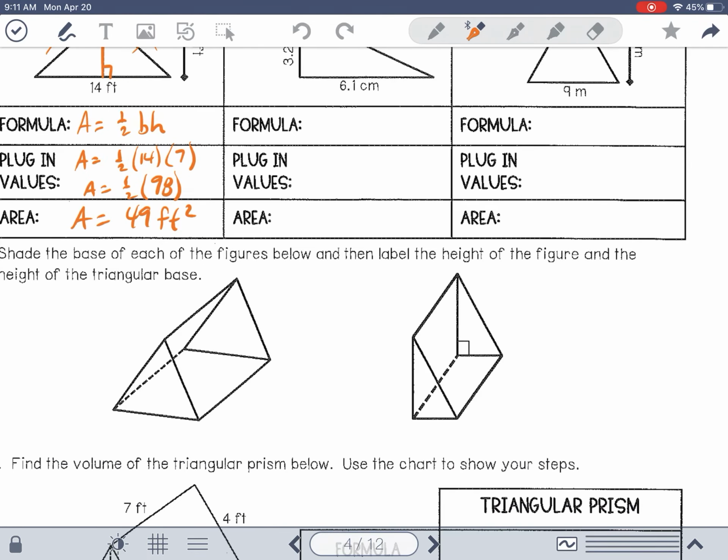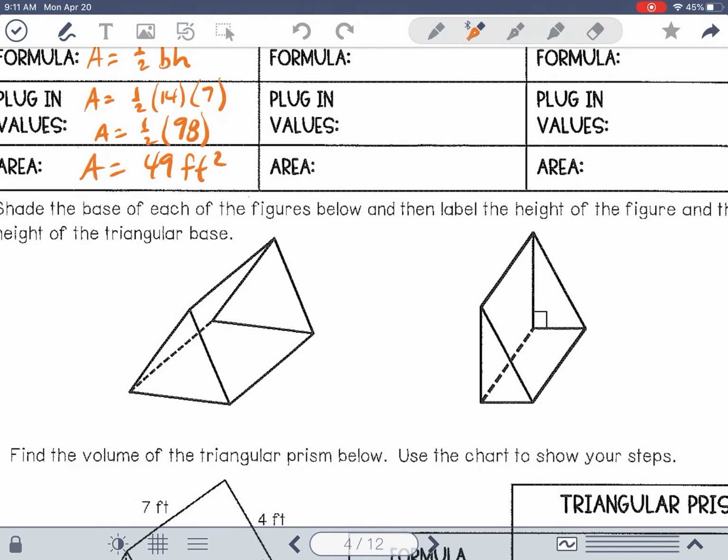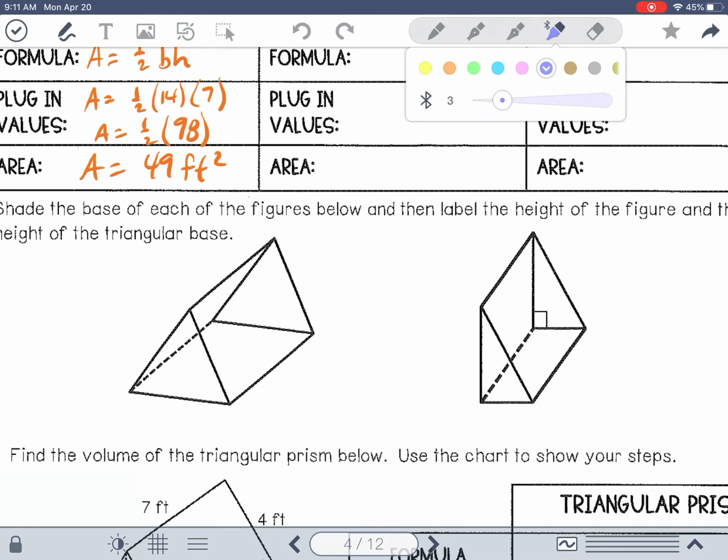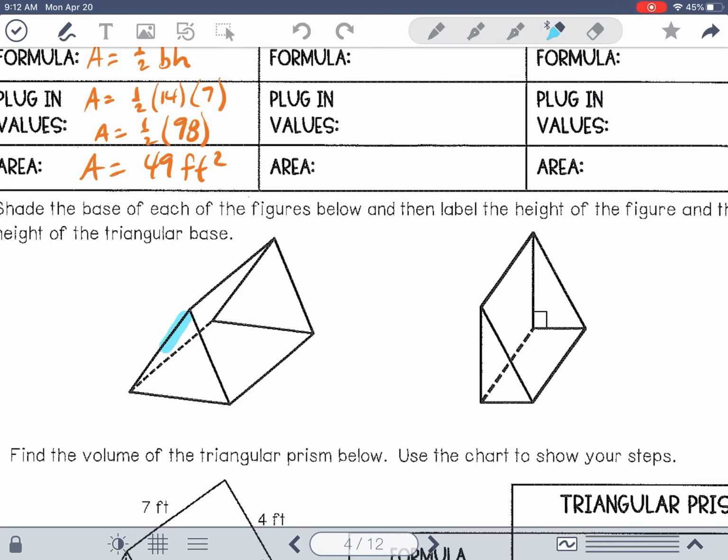So now we're going to come down here and shade the base. Remember, the object is named because of the base. If you take a look, this is a triangle, so there's one base, and here's our second base. There are our bases. What's the distance? How far are those bases apart?